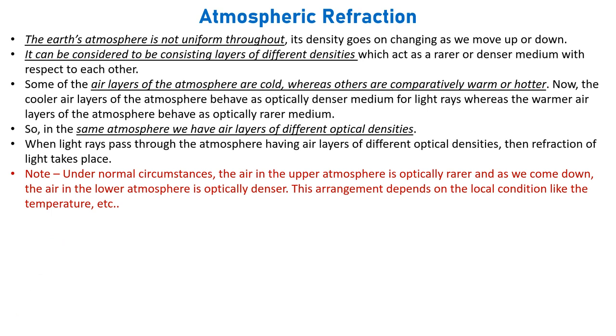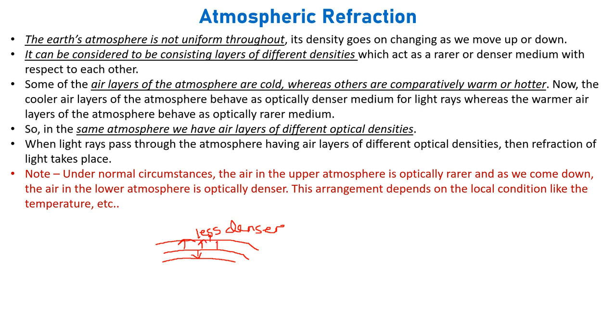As we know, the denser material always settles down, and the rarer or less dense material always goes up. So in the atmosphere we can see different layers, right? And the upper layer will be less dense, as it is made up of hot air. So hot air always goes up.